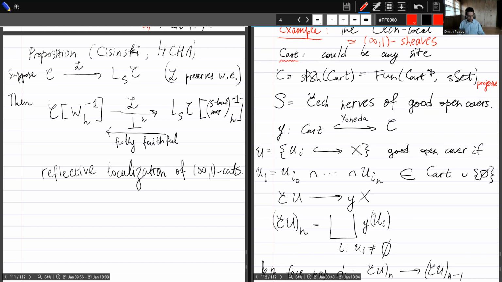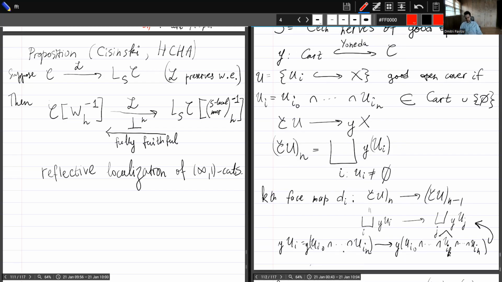That means you have n plus 1 elements corresponding to the n plus 1 vertices of an n-simplex. And I can only check those U_I for which the intersection is non-empty, because the empty set doesn't really contribute anything, but also the empty set is not an object in the Cartesian site. So in order to make sense of this Yoneda embedding, I must have a non-empty object anyway. So I take such a huge disjoint union, and the structure of a simplicial object. So this is just the object of n-simplices, which is a presheaf of sets.